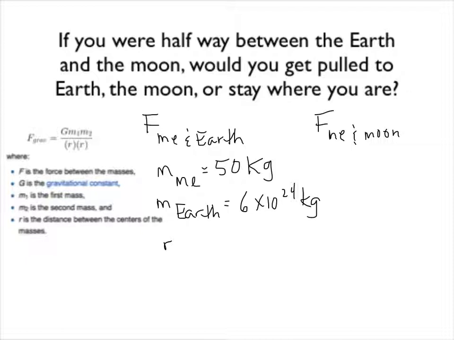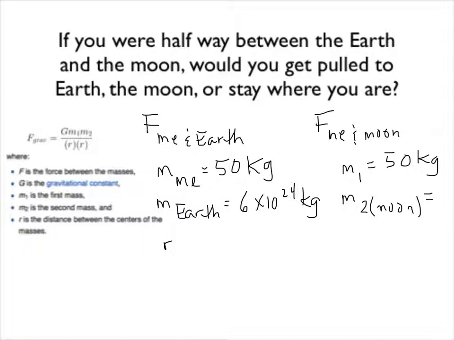Now let's go look at some values for the force of attraction between me and the Moon. Well, my mass for the second equation over here is still going to be the same. Mass 1, or my mass, is still 50 kilograms. And now the mass 2, which is now the mass of the Moon, is going to be much, much less.